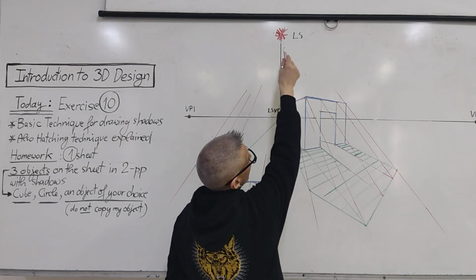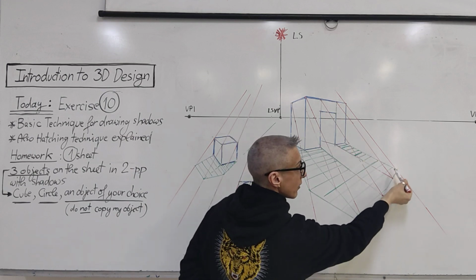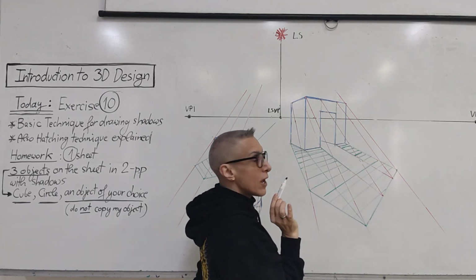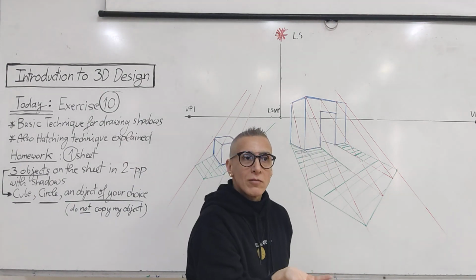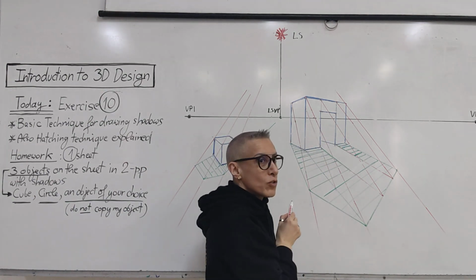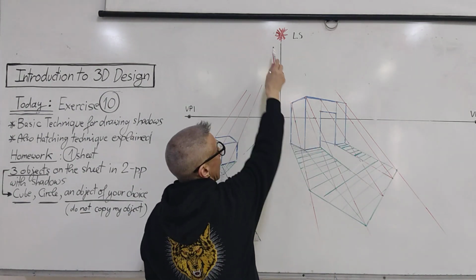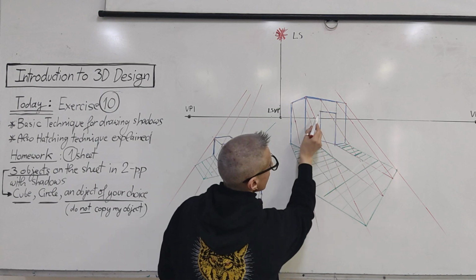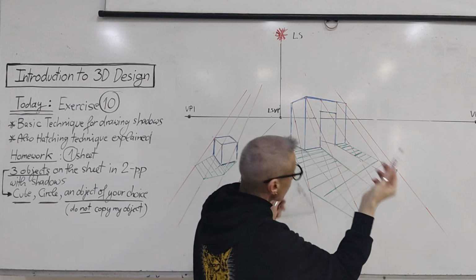So from these 2 points, we took from the light source vanishing point and we intersected this line with them. Great. Now we have these 2 points, they are on the same line. So we can go, this way is even better, from the light source through these 2 points and see where this point will intersect this line and where this point will intersect this line.